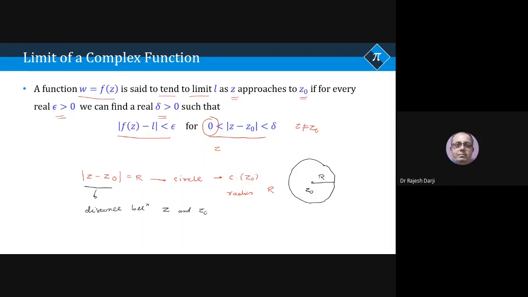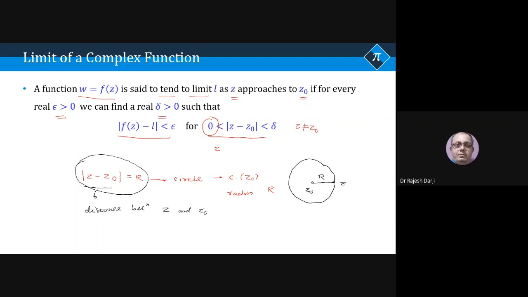Clear this one? Means if z0 is a fixed value, then the locus of this expression is the set of all points z which are at a fixed distance r from z0. So it defines exactly a circle.